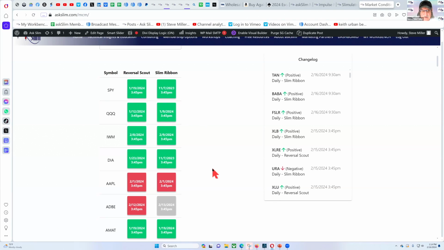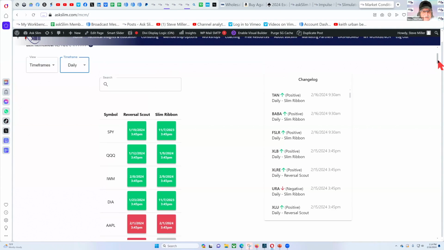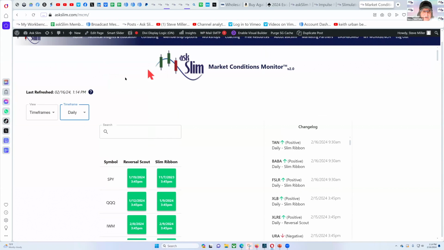Just unbelievable how these things turned upward. And you can see in here that Apple has now turned negative during the beginning of this month. And it has been weak, and Matt showed you analysis on that. So this is just fantastic.